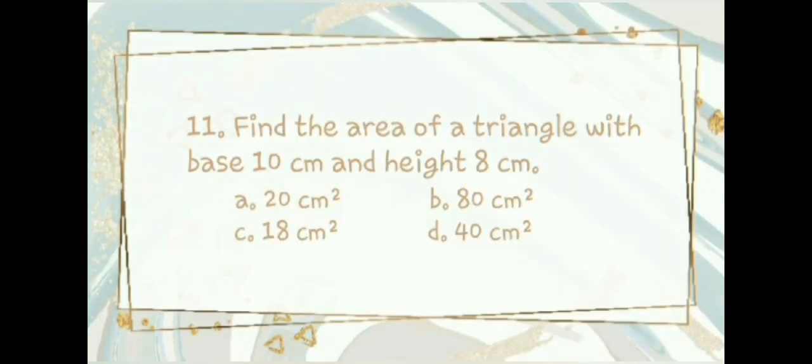Okay, for number 11, find the area of a triangle with base 10 cm and height of 8 cm. So for this problem solving, we are asked to find the area of a triangle with a base of 10 cm and height of 8 cm.